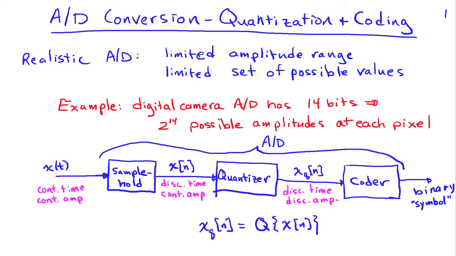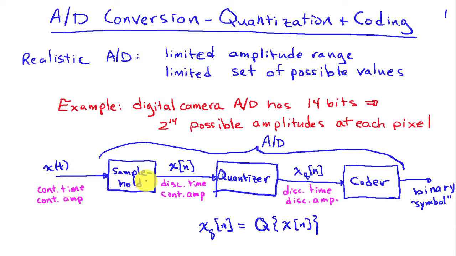We can sketch out the key ideas here if we break our A to D converter down into a series of blocks. We can think about this as starting with a continuous time signal x of t that also has continuous amplitude values. In other words, any amplitude is possible.